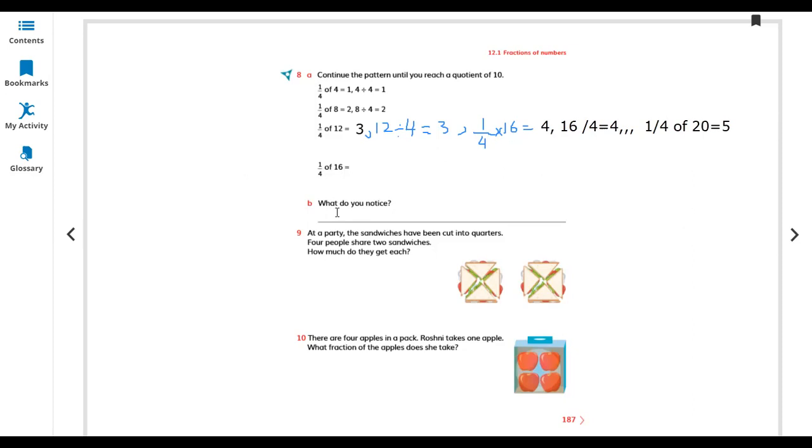What do you notice? So we notice here actually this is something like multiplication or multiples of 4. We are using the table of 4. So we are using first 4, then 8, then 12, then 16, then 20, then 24, 28, 32. Multiples of 4 we are using. So what we notice here: the fraction list uses multiples of 4, and the division table of 4 also.